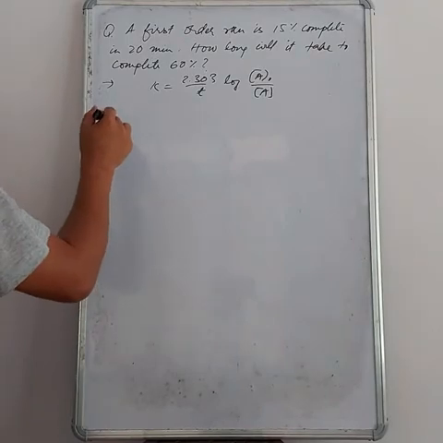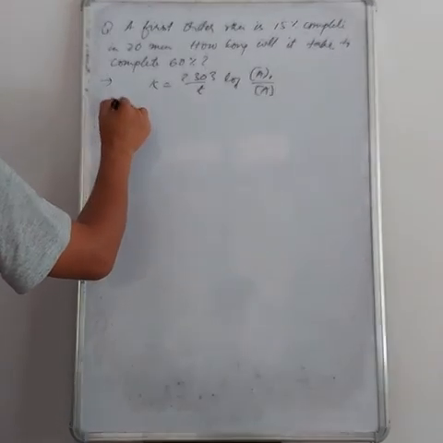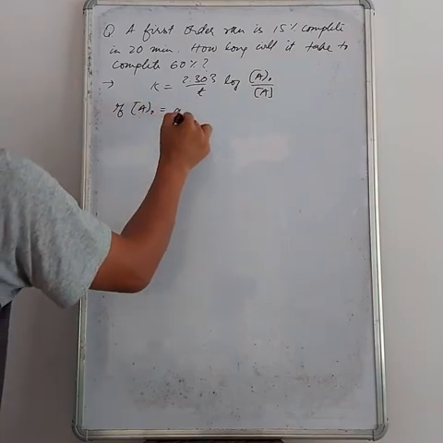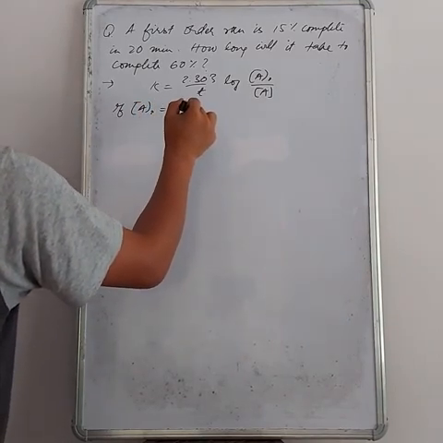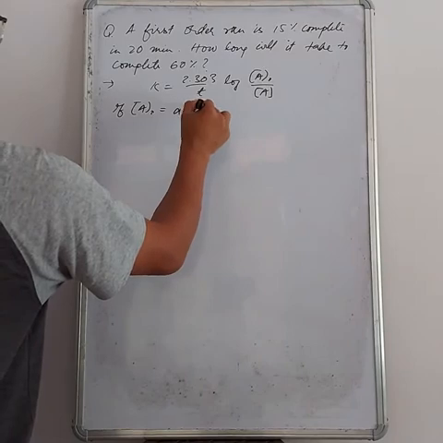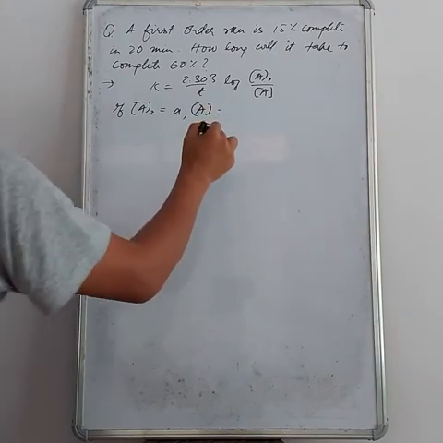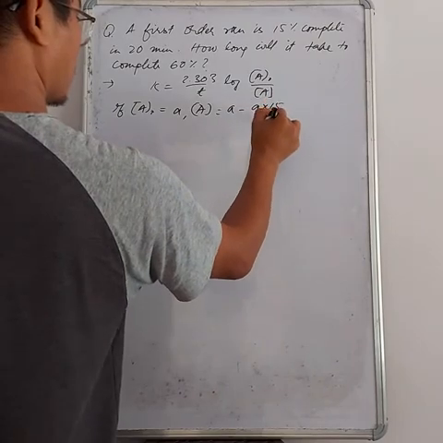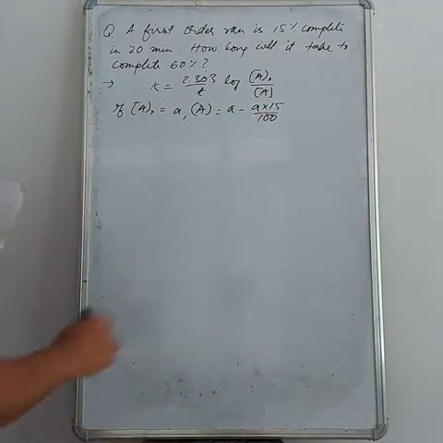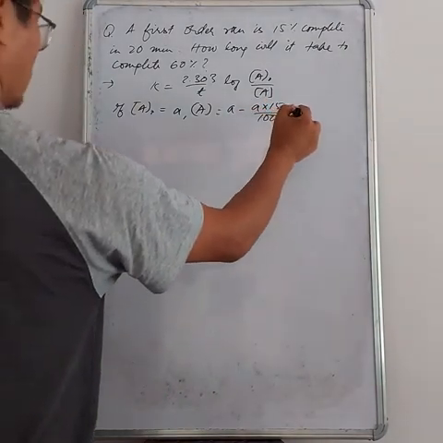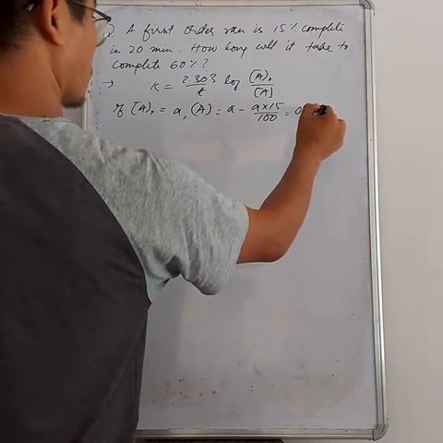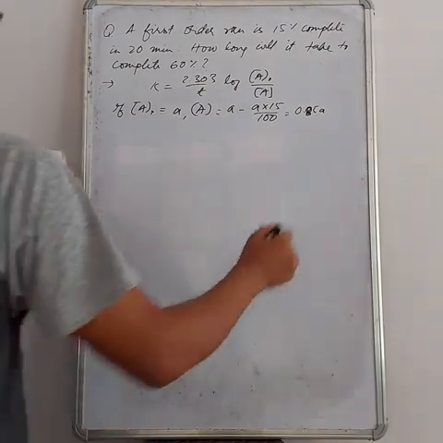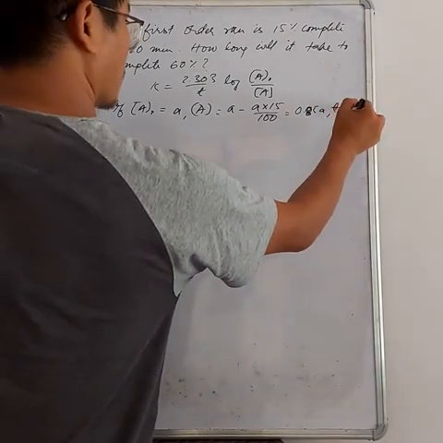If our initial concentration is equal to A, our final concentration would be A minus A into 15%, which is equal to 0.85 A. That means 15% is completed, and our time is given as 20 minutes.